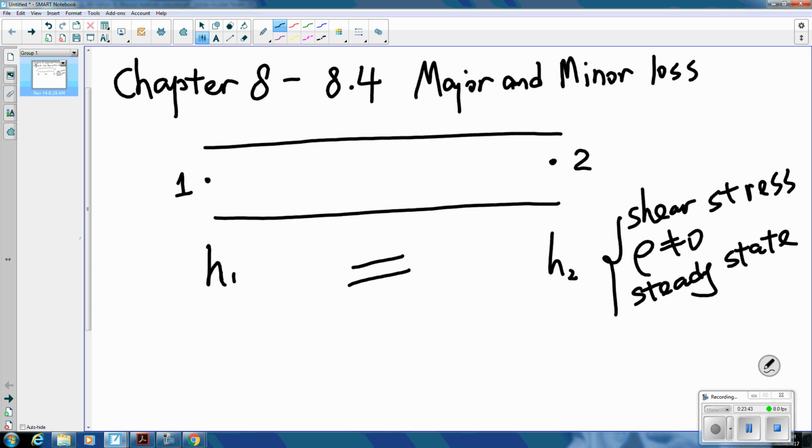We follow a streamline, right? When we have laminar flow, we have streamlines. When we follow a streamline, the total head from one point equals that at another.